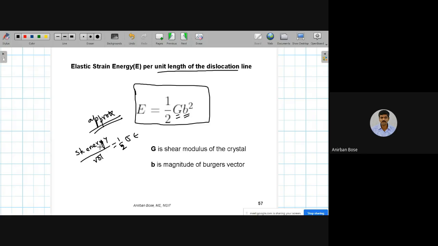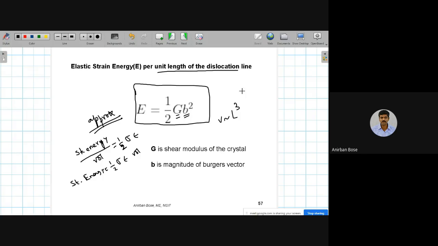To find out the strain energy, you have to multiply this quantity by the volume. So the strain energy is equal to half into stress into strain into volume. Now if we consider the length dimension as L, the volume is of the order of L cube.